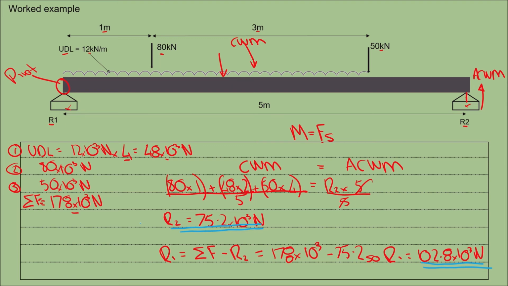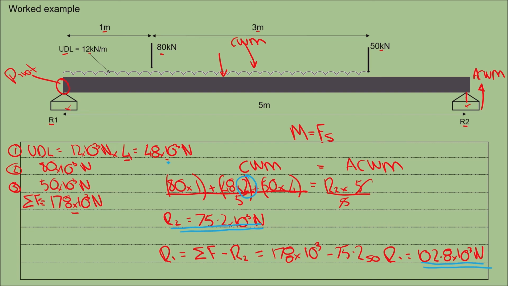So for example, in this example we did 12 times 4, which gave us 48. And then the next thing we need to consider is this distance, which we had here is 2, because the distance in total is 4, and it would make sense that the centre of that would be bang in the middle, which is obviously 2.